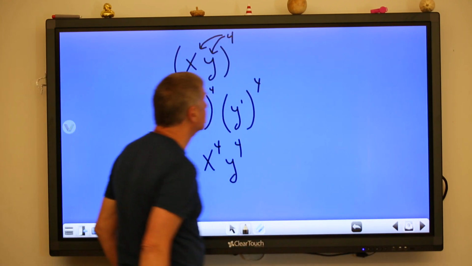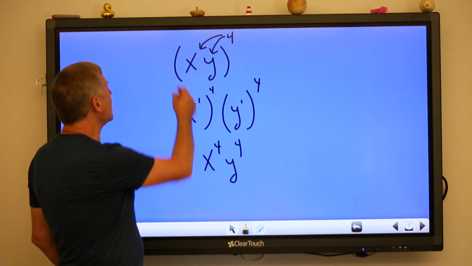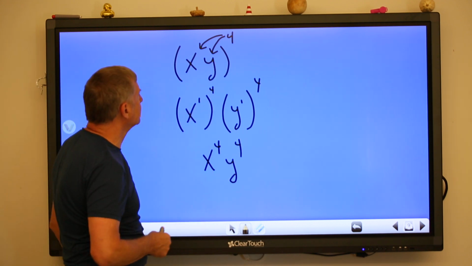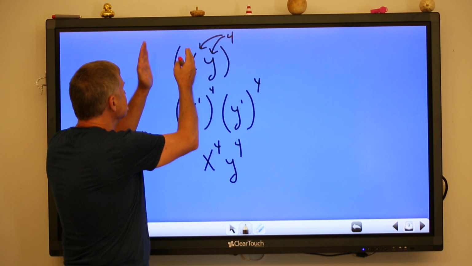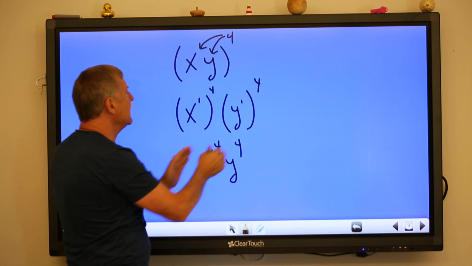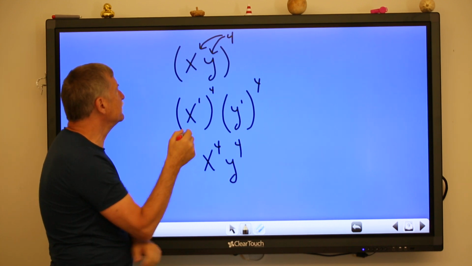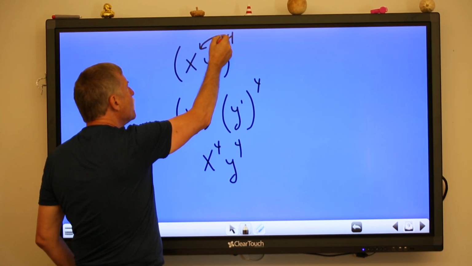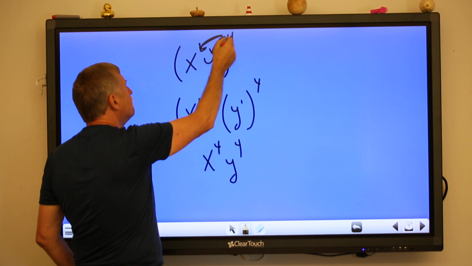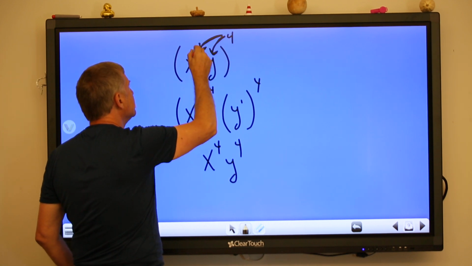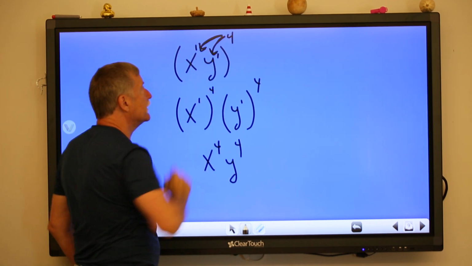All right? So if I've got xy to the 4th power, you can think of that as x to the 4th power and y to the 4th power. It's kind of like the distributive property. The power 4 here gets distributed to both the exponents. Here is 1, and that is 1.